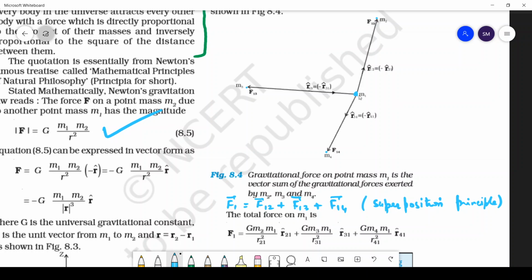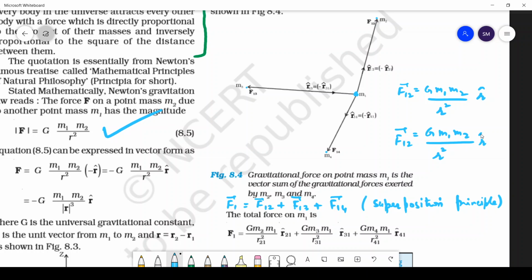Okay, so that's it. Force on 1 due to 2, how are we going to write it? I have just written that F12 is equal to G M1 M2 upon R square. So you have two ways to write it, students. The magnitude is the same, but you have a choice.